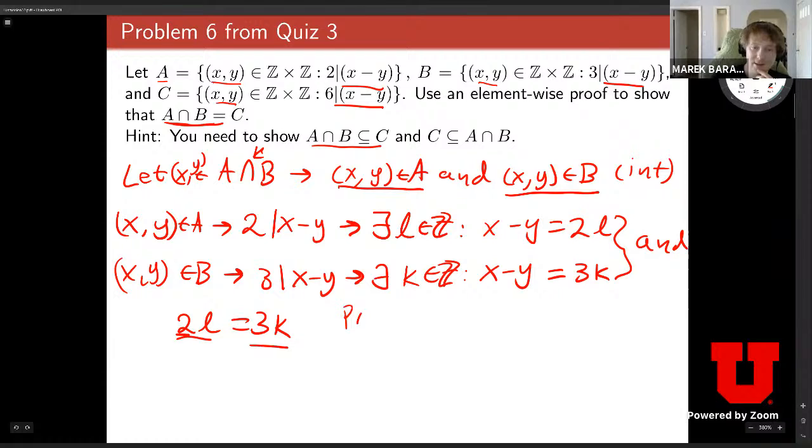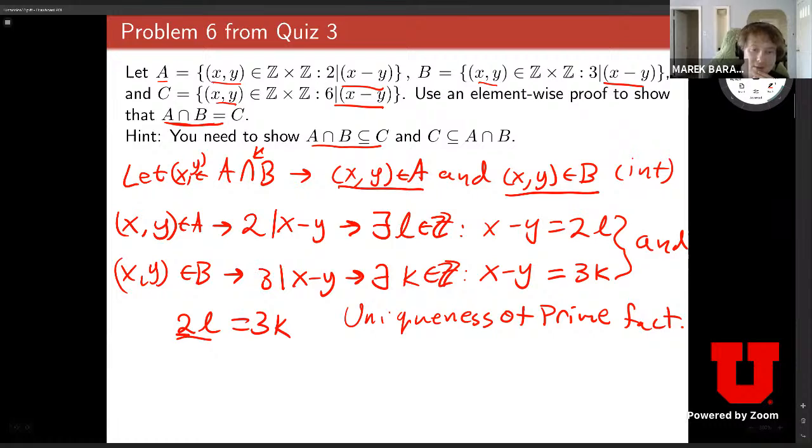So, by uniqueness of prime factorization, we know that 2 must divide K. So K equals, what letters do I have left? Let's just say 2 times A, where A is an integer.